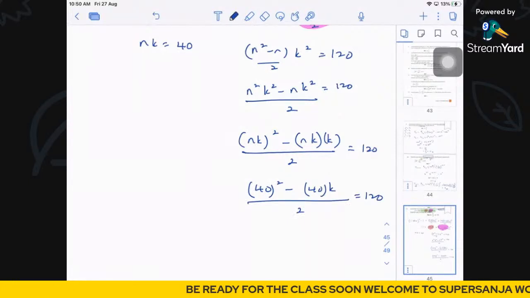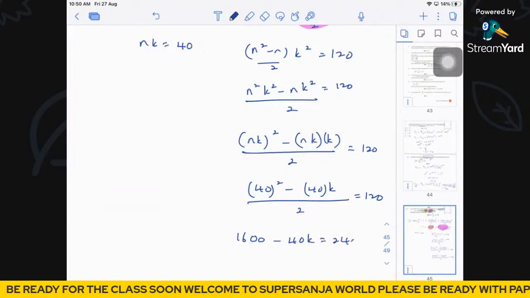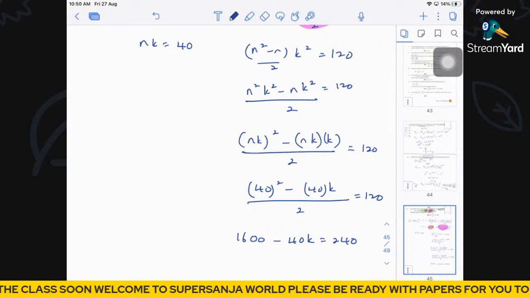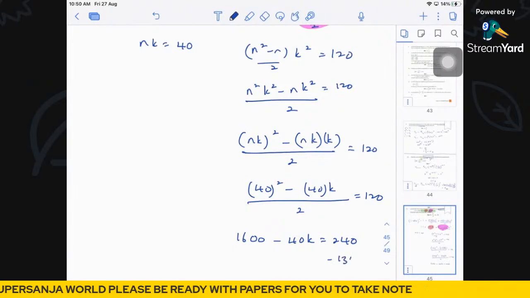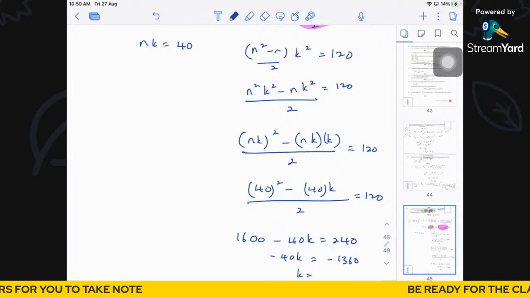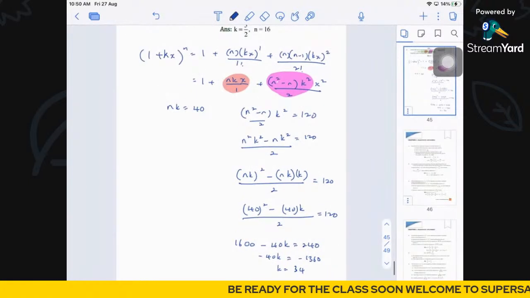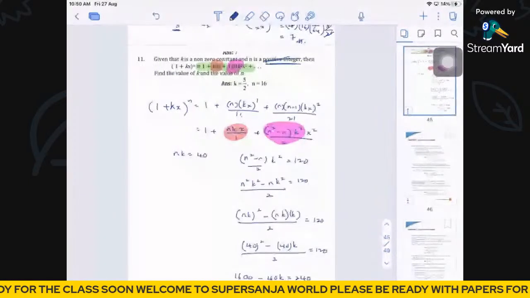So 40 squared is 1600 minus 40k equals 240. 240 minus 1600 gives you negative 1360, equals negative 40k. So k is what? Divide by negative 40, then you get k is 34. The answer for k here is different. Okay, never mind. Hold on first.